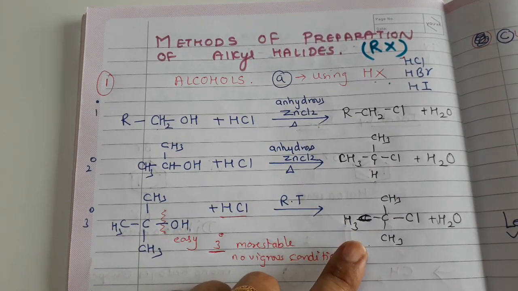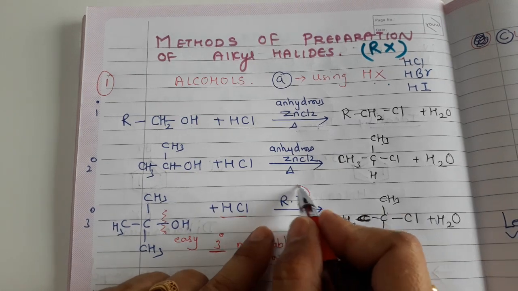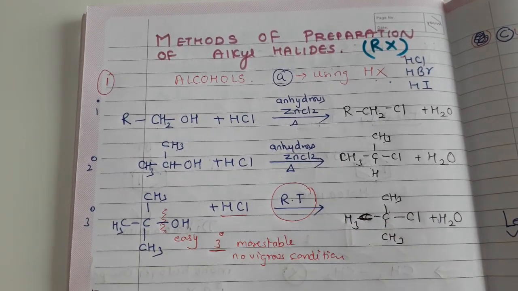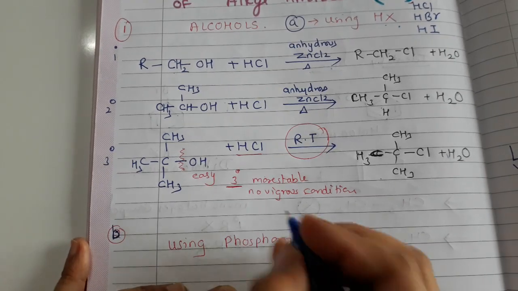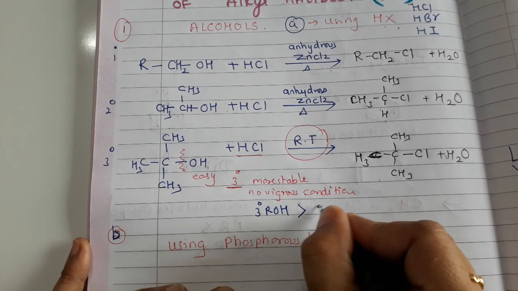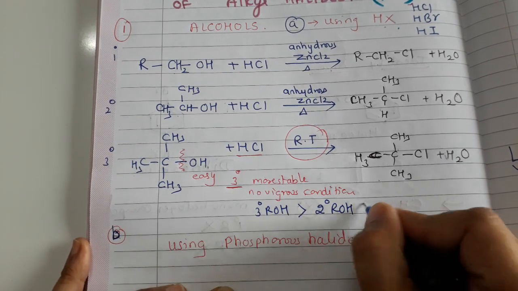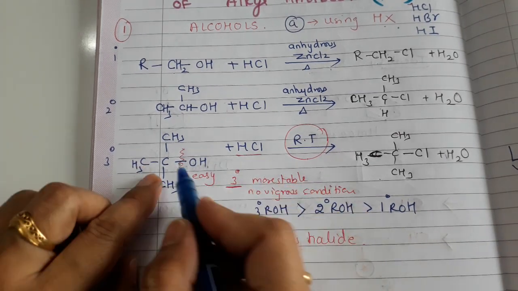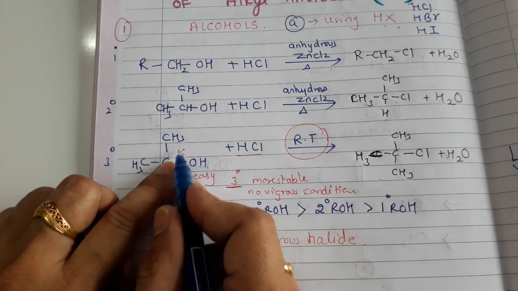Students, what you have to remember is that the condition for the tertiary alcohol is very simple, and hence we can conclude that the tertiary alcohol will undergo this reaction faster than the secondary alcohol, then the primary alcohol, because the tertiary alcohol C–OH bond can easily break.